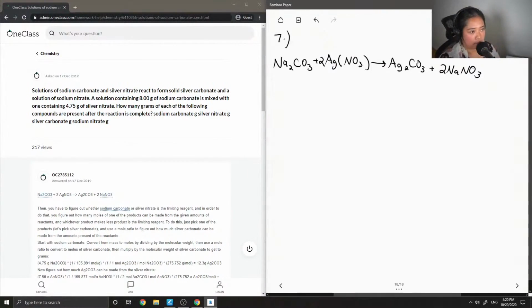Then I'm going to do the same thing I did in the other question and just try to separate by the compounds just to see what they give us.